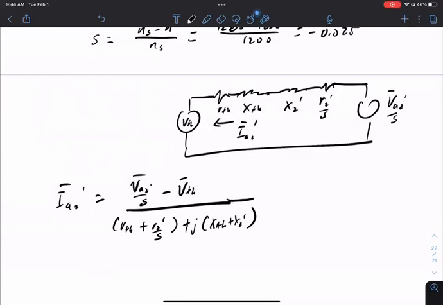Substituting all the numbers into it, we get 945 angle 25.48 degrees amps. So that's our I2 prime calculation.